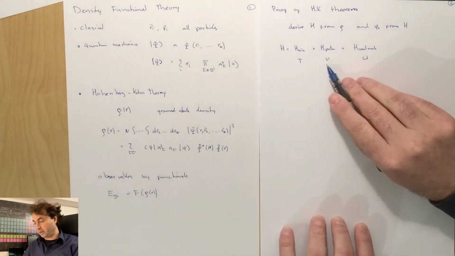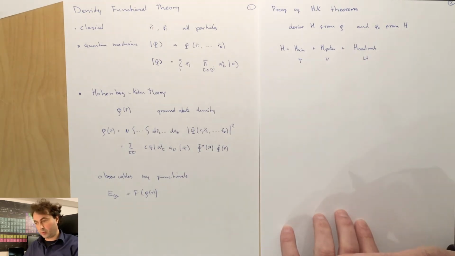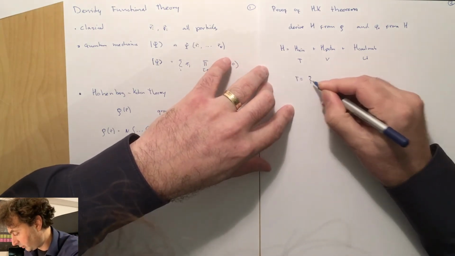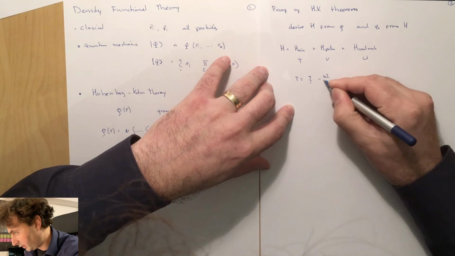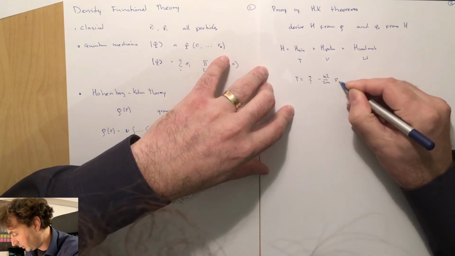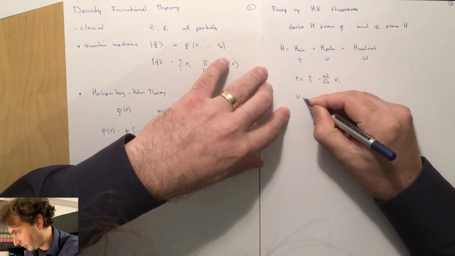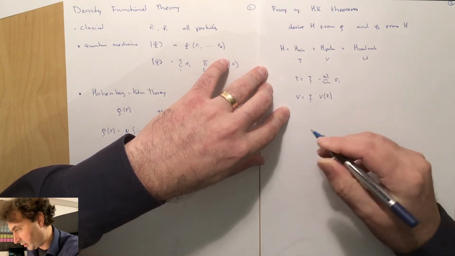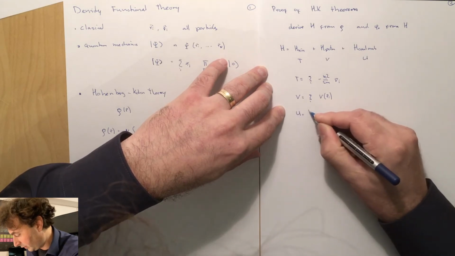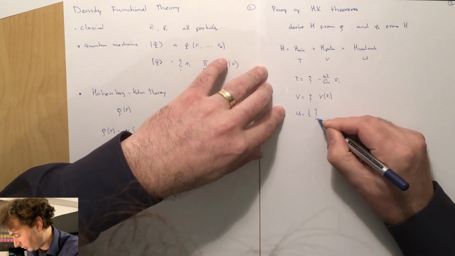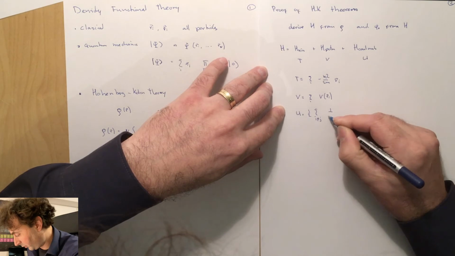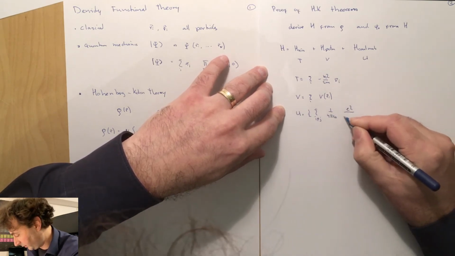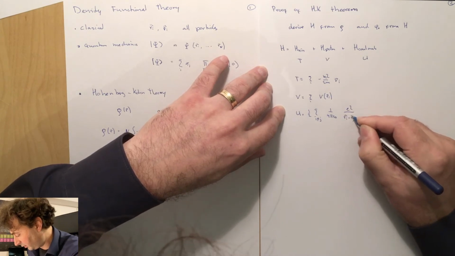So T for the kinetic, V for the potential, and U for the Coulomb, where T is the sum over all atoms of minus h bar square over 2m gradient squared. V is the sum over i of the potential, and U is a half sum over i not equal j of 1 over 4 pi epsilon 0 e square over the norm of Ri minus Rj.